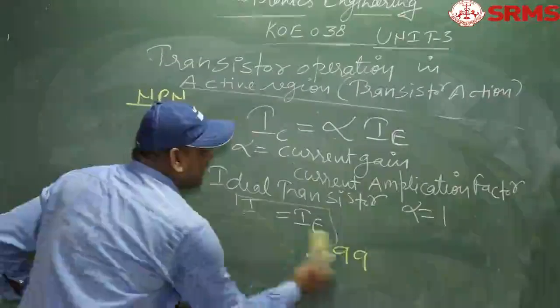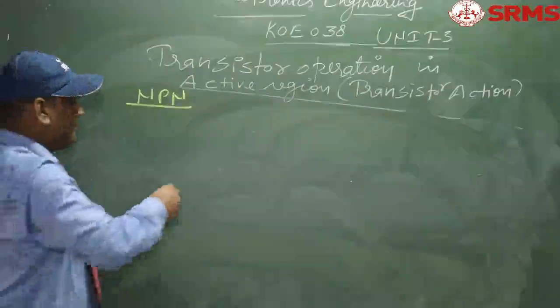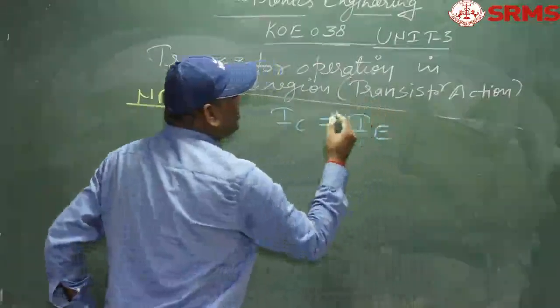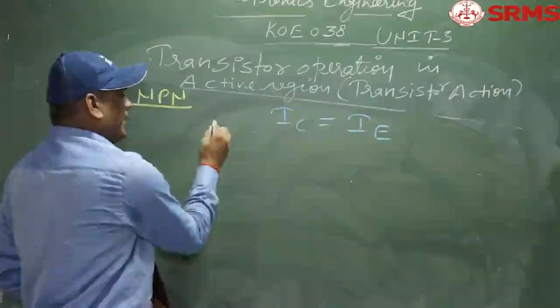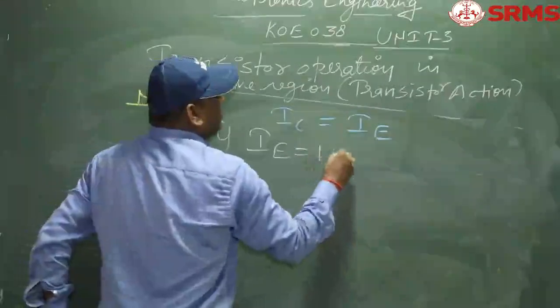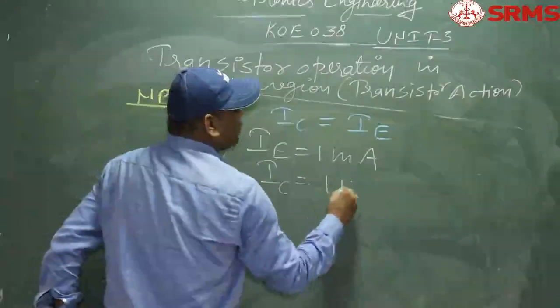So here you can define a new concept about the transistor. IC is approximately equal to IE. Now if your input current, that means if IE is equal to 1 milliampere, then IC is also equal to 1 milliampere.